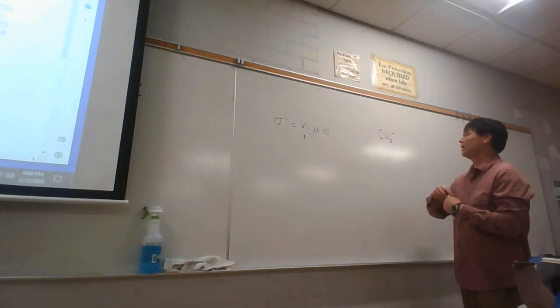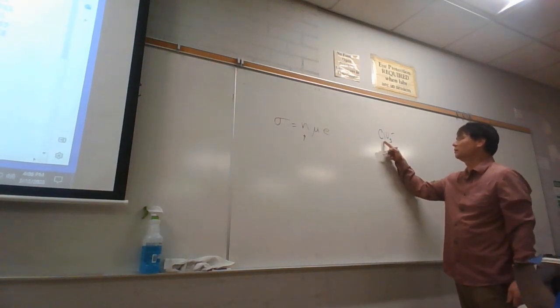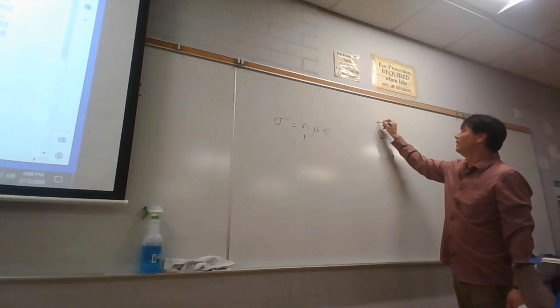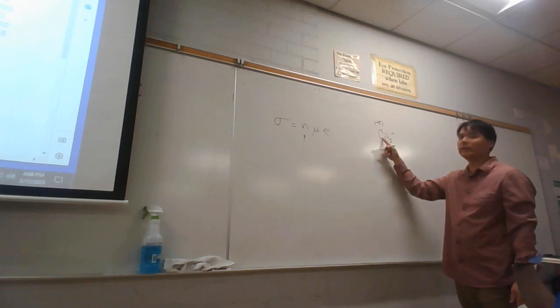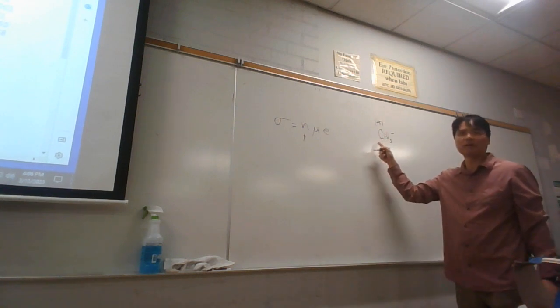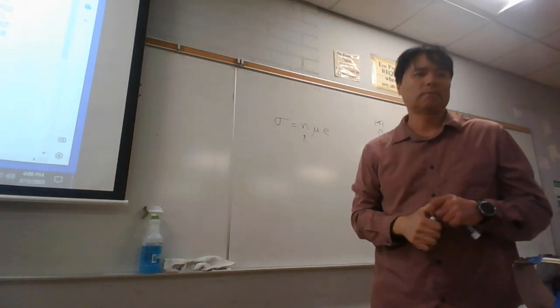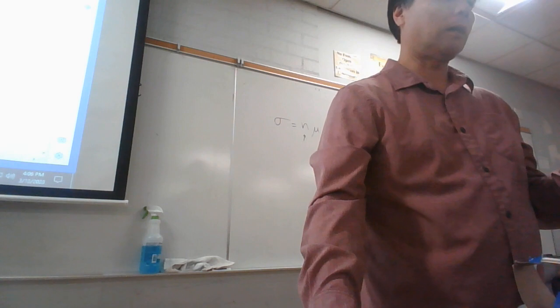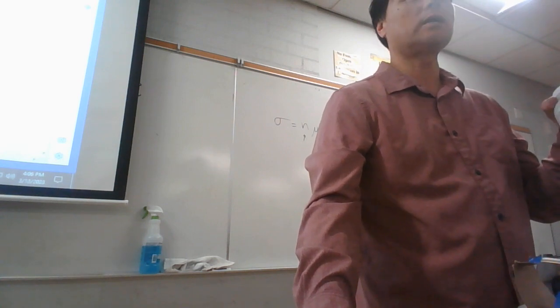Both chlorate and iodate have the same oxidation state. What is it on chlorine here? +5. Is that a happy chlorine atom or an unhappy one? That's an unhappy chlorine atom. And so I want to be careful with this stuff because it is a strong oxidizer.